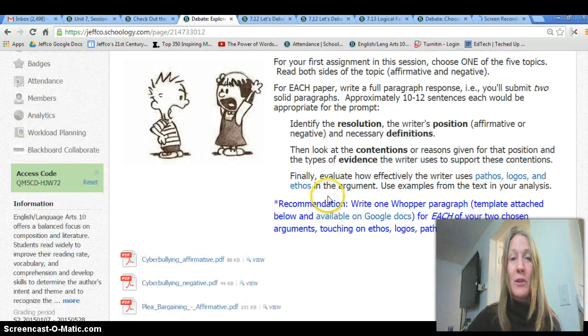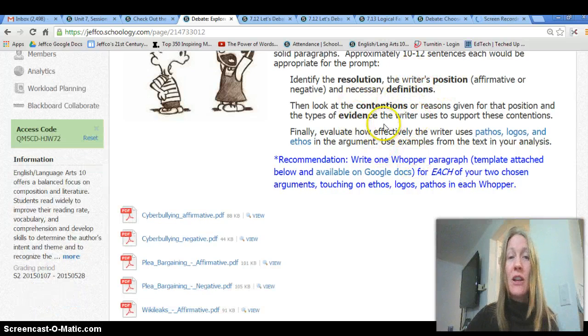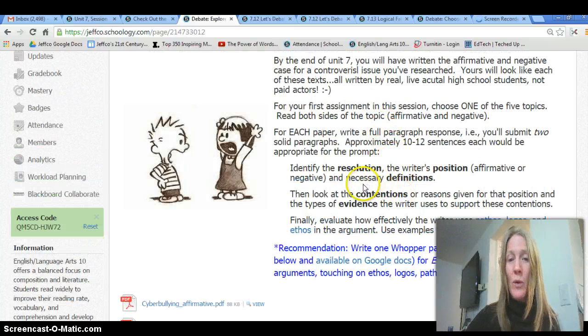I would like for you to read both sides, identify the resolution, the definitions of terms, the position of the writer, and then look at the evidence and figure out which debates are effective because of what type of evidence. So that's one assignment.